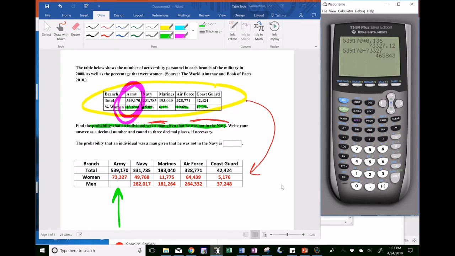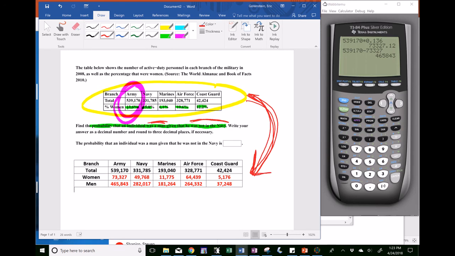So that leaves a total of 465,843 men. All right. So now we have this given table converted to number of people. So we know how many men there are, how many women there are in each of the branches.